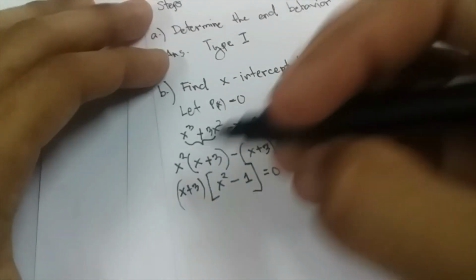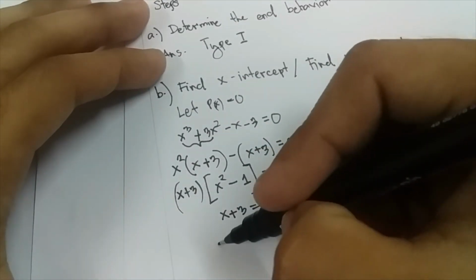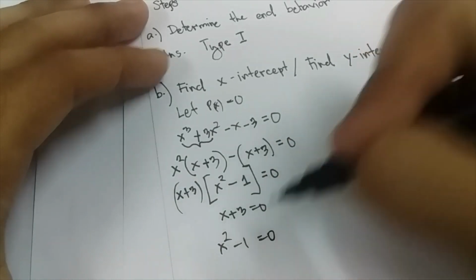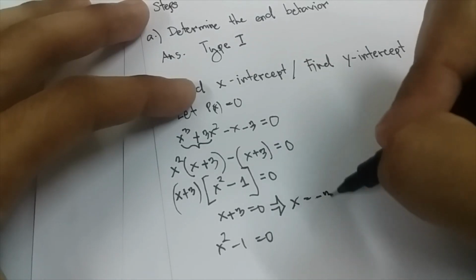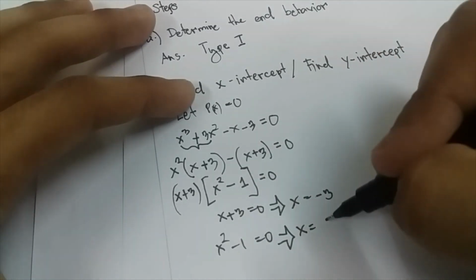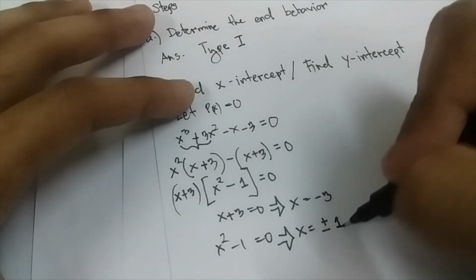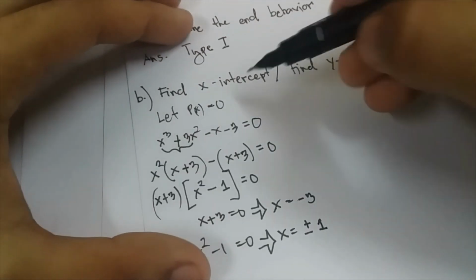So for this one, x plus 3 is equal to 0, and the other one is x squared minus 1 is equal to 0. So it follows that the value of x is equal to negative 3, and for this one, the value of x is equal to positive and negative 1. Okay, that is for the x-intercept.